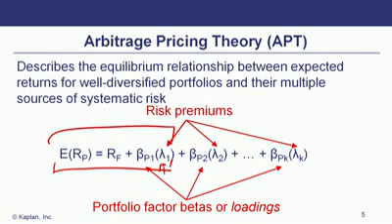The only difference here, and for testing purposes, one of the really big things to know is that you just don't need to be surprised by this. If you have to operationalize this on the exam, it's easy because they're going to have to give us the sensitivities and the factors. All we're saying now is that we have one factor. That could be market risk. Then we could have another factor and another sensitivity, another factor and another sensitivity.